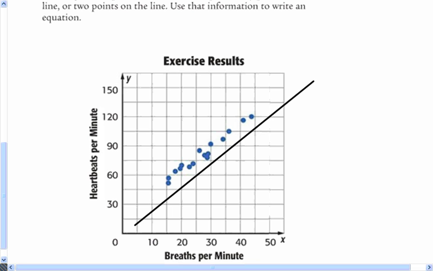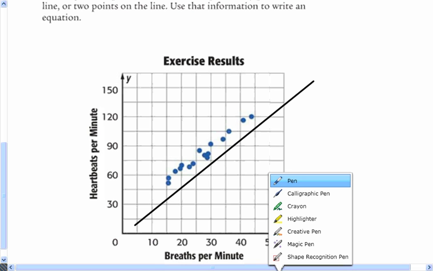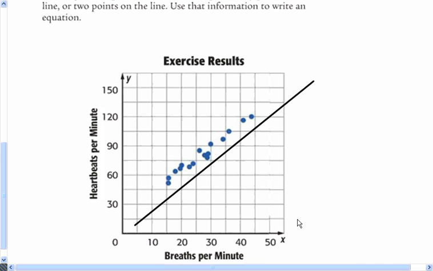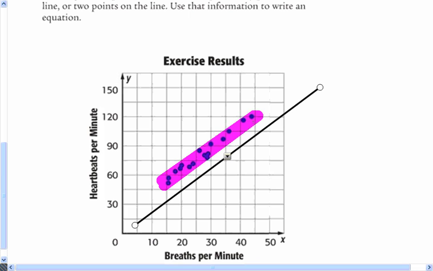And what I mean by that is, let's get a bigger line here. Highlight it. If you were to look at these dots, you would see a pattern of dots that kind of looks like that. You want the slope of your line to pretty much match that grouping of dots.